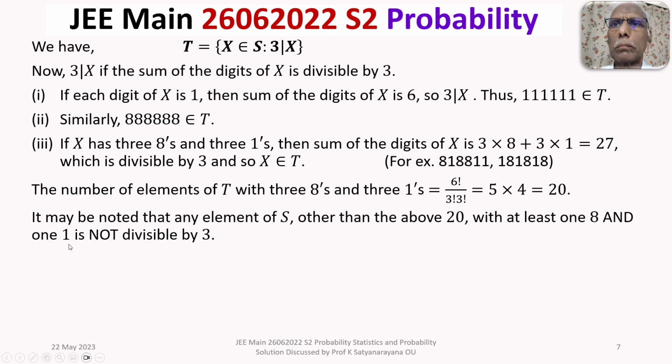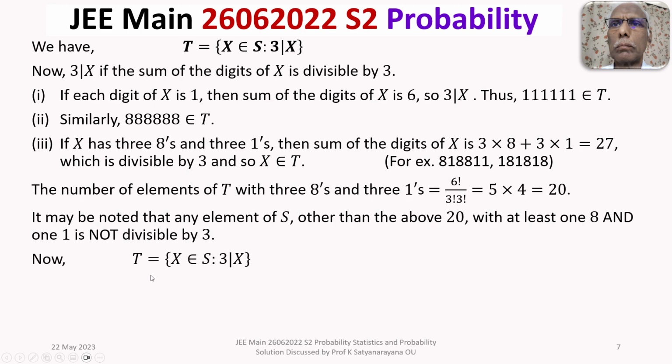Agreed? And that is not divisible by 3. For example, you take 8 and the remaining 5 are all 1s. It has at least one 8 and at least one 1, and the sum of the digits is 8 plus 5, that is 13, and 3 doesn't divide it. So therefore it doesn't belong to T.